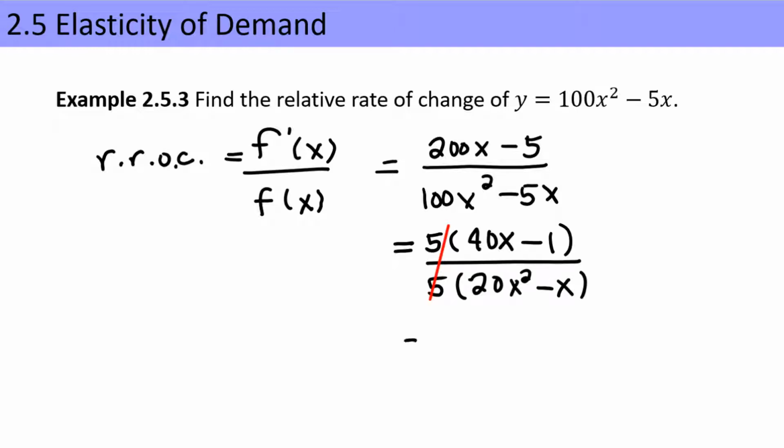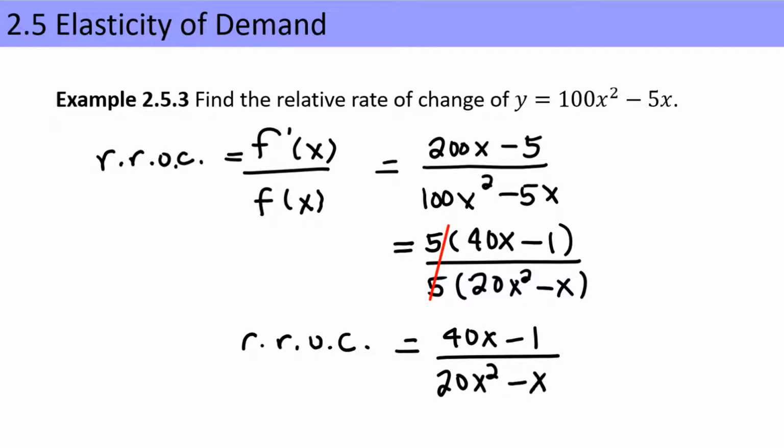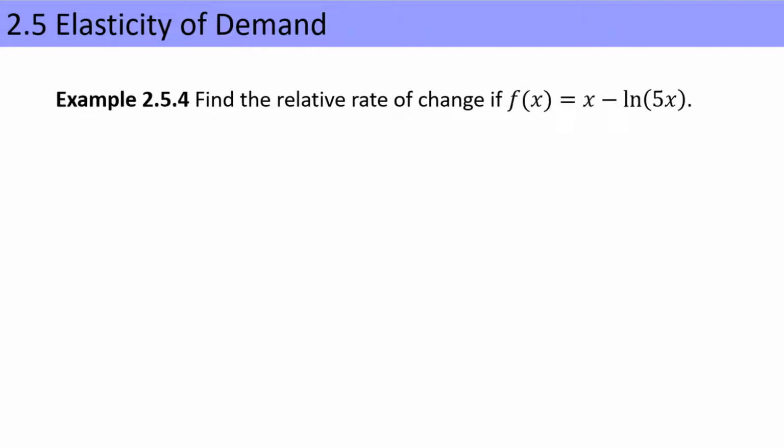The 5's cancel, and the simplified relative rate of change, which we denote with RROC, is 40x minus 1 in the numerator, divided by 20x squared minus x.